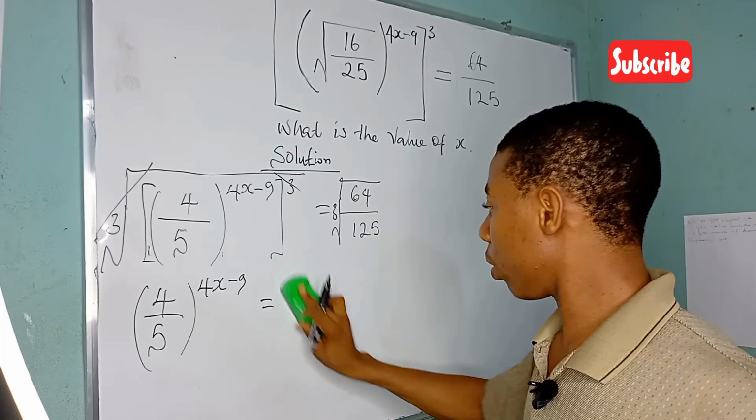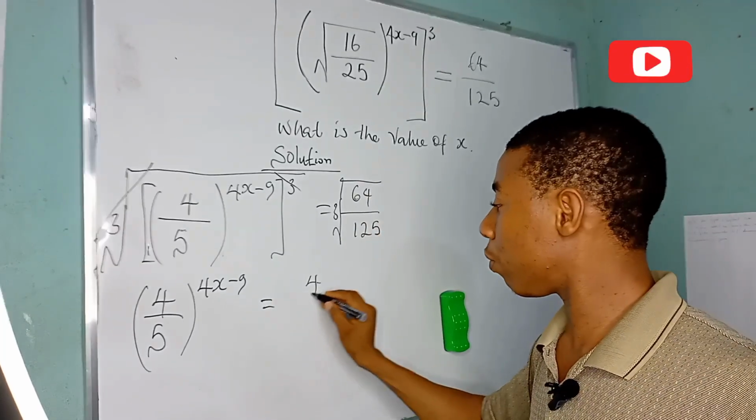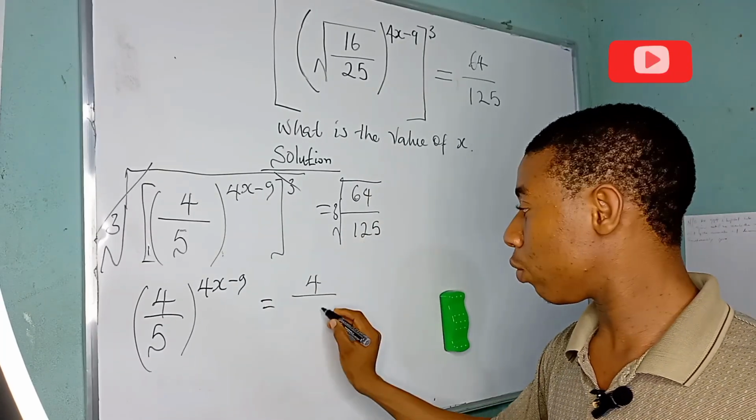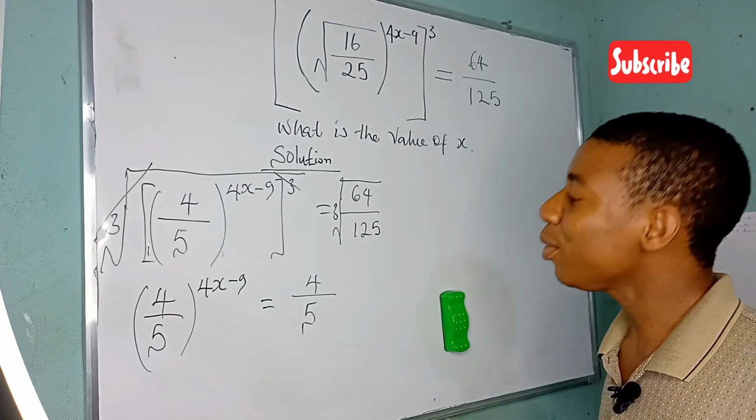So the cube root of 64 is 4, over the cube root of 125, which is 5.